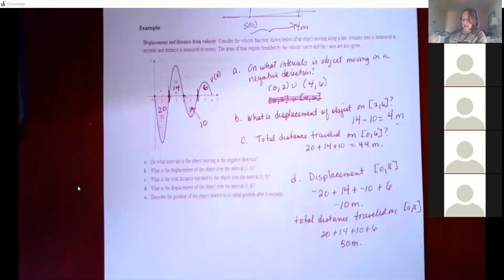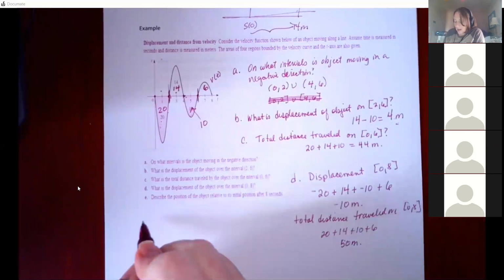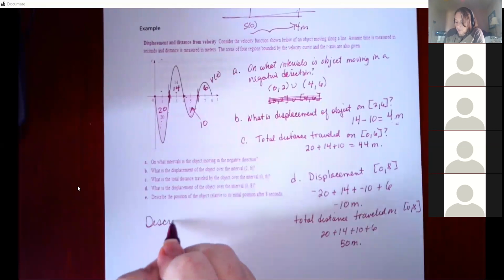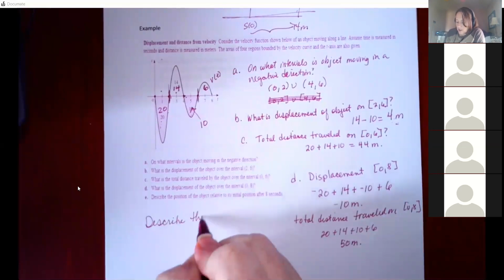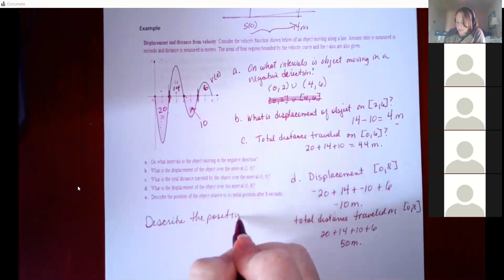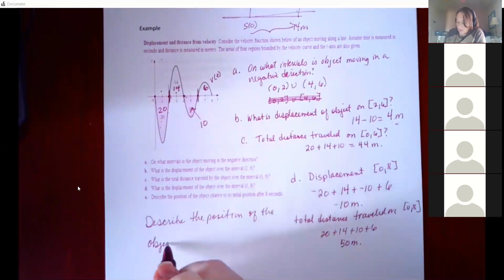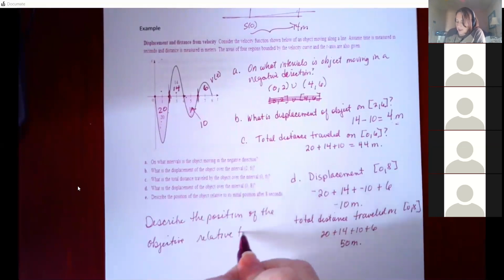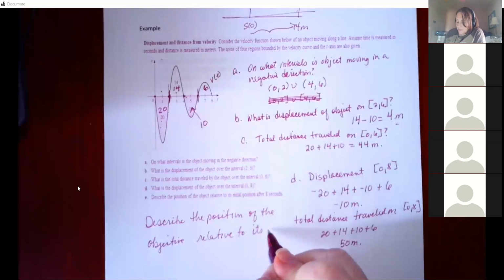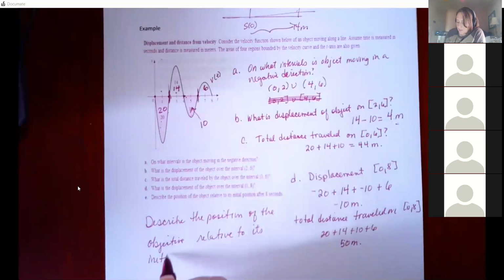Yep. All right, last question off this particular problem. It says describe the position of the object relative to its initial position after 8 seconds.